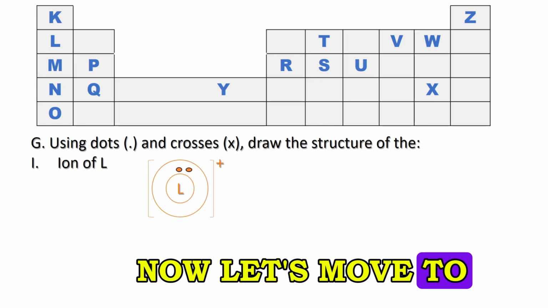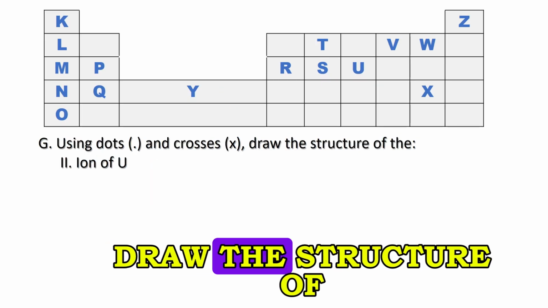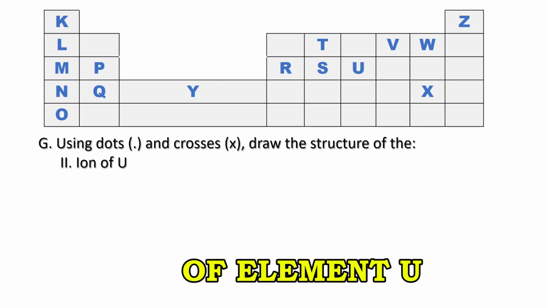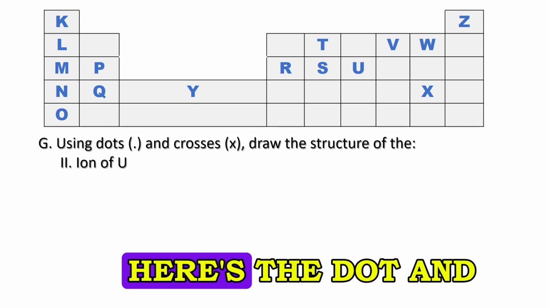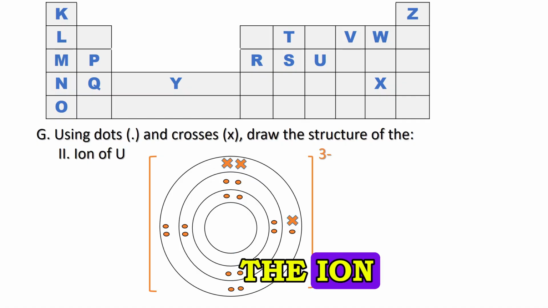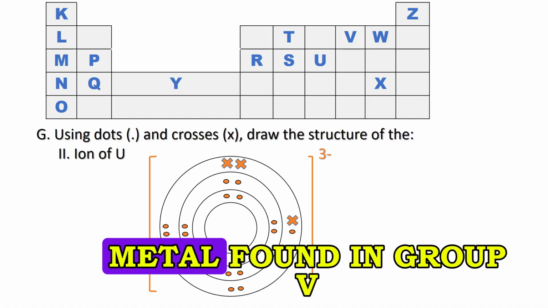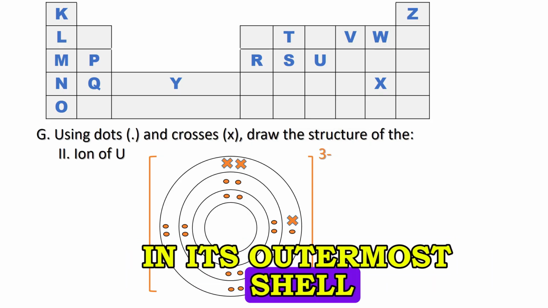Now let's move to the next part of question G, which asks us to draw the structure of the ion of element U, and element U is phosphorus. Here's the dot and cross diagram I've drawn to represent the ion. Phosphorus is a nonmetal found in group 5, meaning it has 5 valence electrons in its outermost shell.